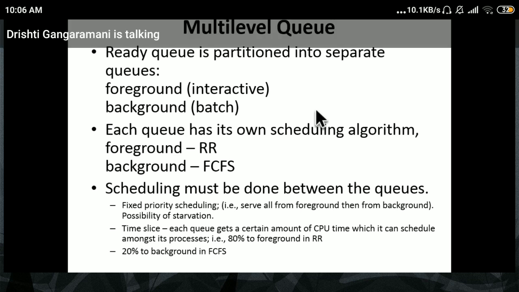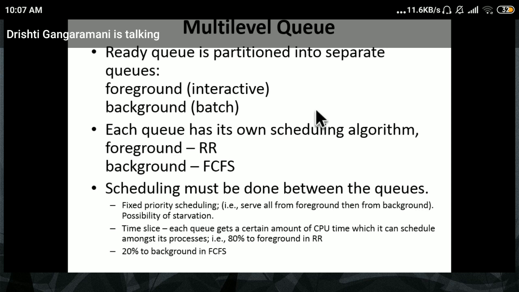A particular process is waiting for an indefinite amount of time for a particular thing, and you are not giving that to them. It's called starvation. A process is waiting for a particular resource, and if you are not granting that resource, it is called starvation. Second one is time slice.